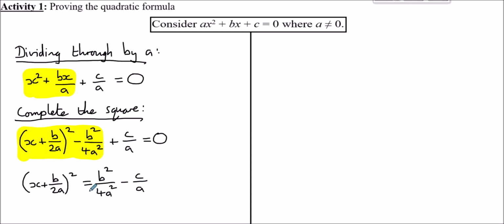This looks a bit ugly really, so we could actually neaten this up by rewriting this over a common denominator. So I'm just going to move this to the other side now, but think, what if I took this c and a and multiplied both numerator and denominator by 4a?